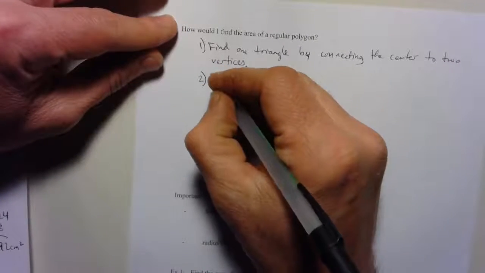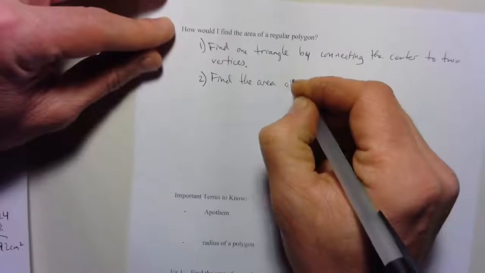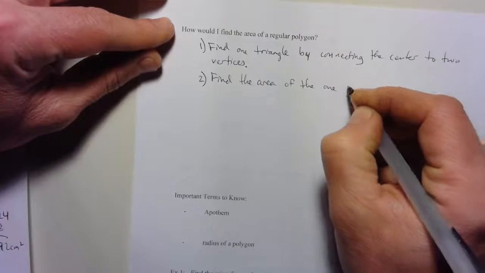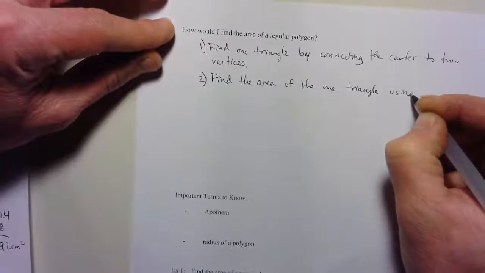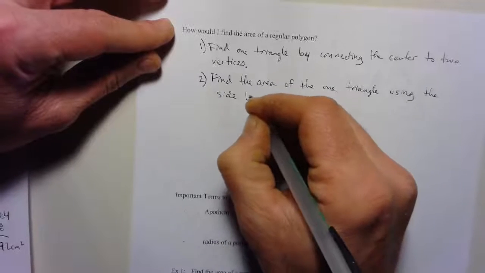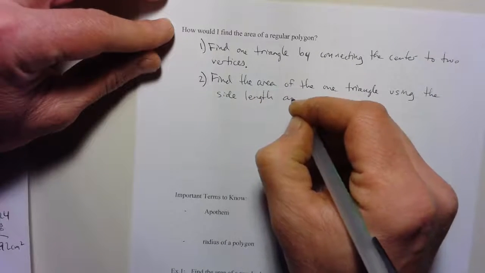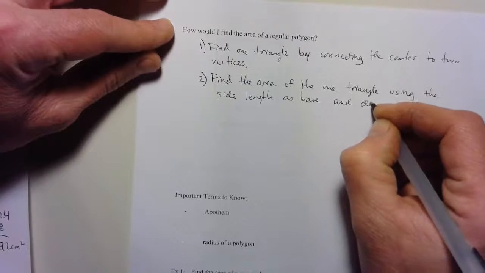Okay. So then we found the area of the triangle. Find the area of the one triangle using the side length as the base and drawing in the height.